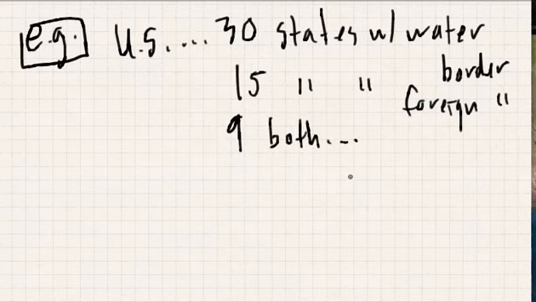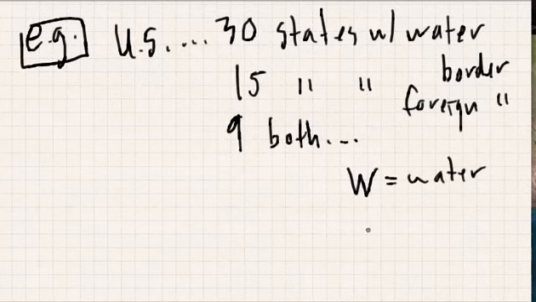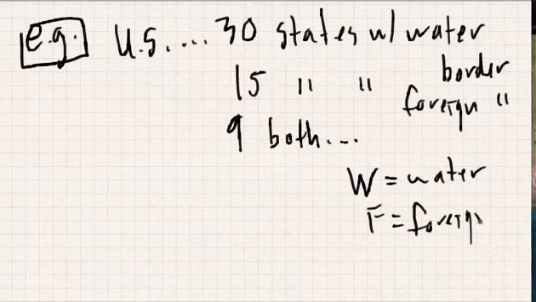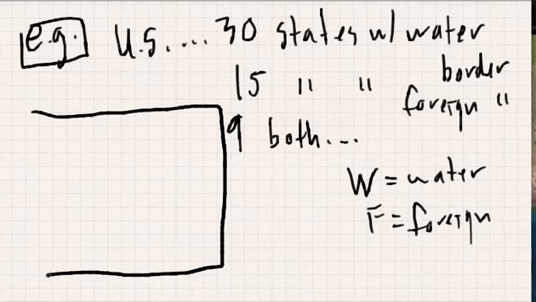So here I'm going to let W stand for water border, F stand for foreign, and so I'm saying that there are 30 in W, 15 in F, and there are 9 in both. Now let me set up a Venn diagram to describe this.